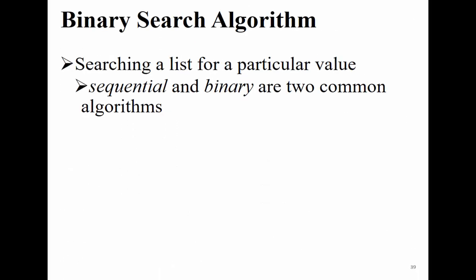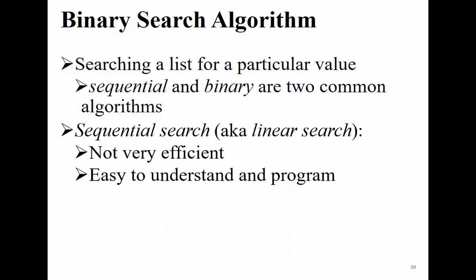Okay, to search inside an array or inside a list, you use either a sequential search or binary search. These are the two common algorithms that you can find in the literature. If you go for sequential search, which is the linear search, it's not efficient.